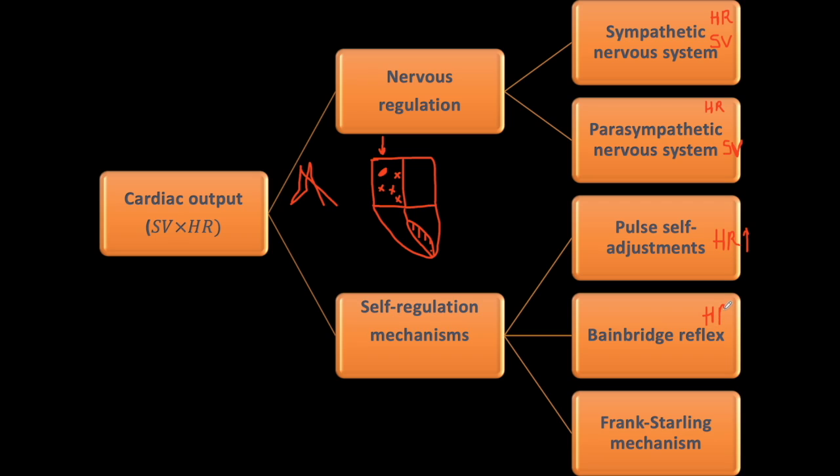So the last one is the Frank-Starling mechanism. In simple words, Frank-Starling mechanism says that the more venous return, the more blood which is returned to the heart, for example, consider the right ventricle, the more cardiac output and the more stroke volume.